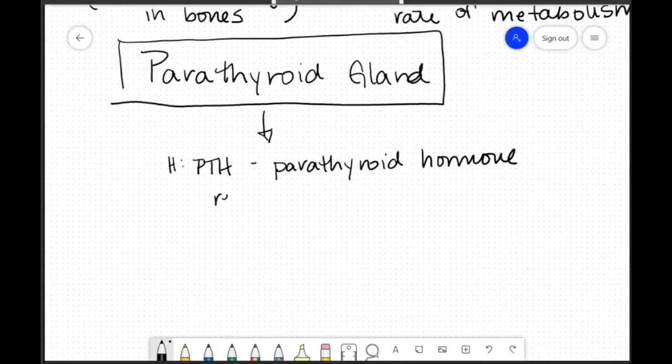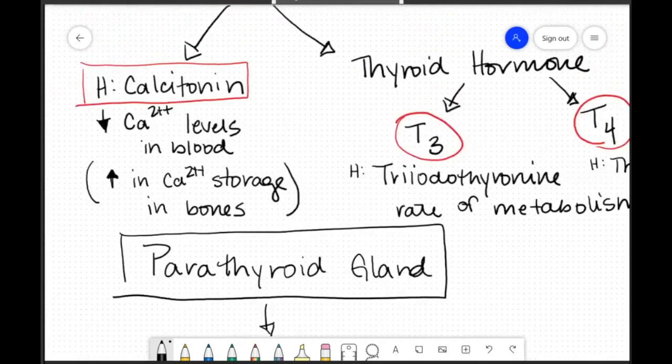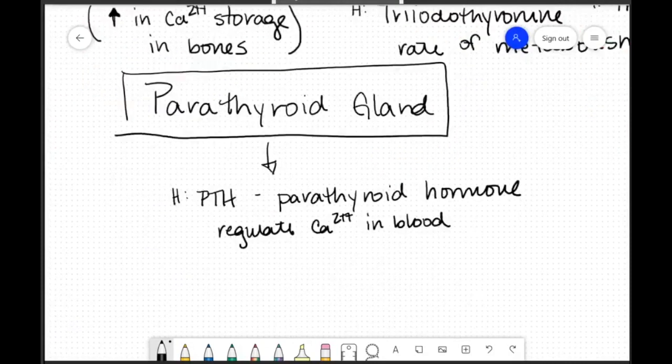So the way it will regulate calcium levels in your blood is going to be different than the way your thyroid does. Up here in the thyroid, calcitonin would decrease calcium levels in our blood, whereas in the parathyroid, it is actually going to increase calcium levels in blood.